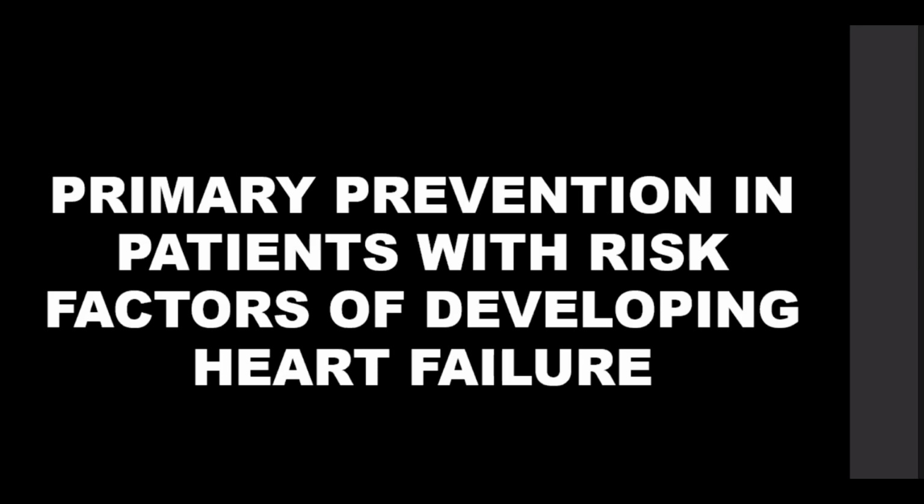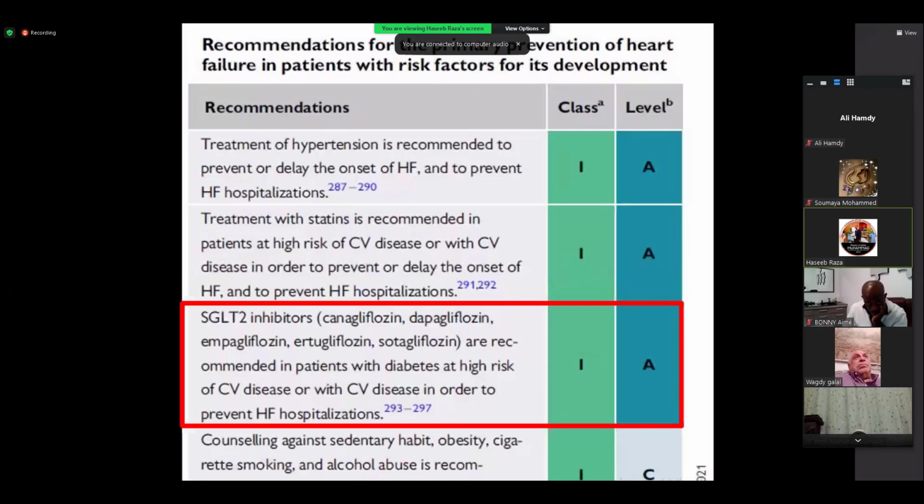Now, what about primary prevention? We know we have patients who have heart failure. What about the patient at high risk of cardiovascular disease? If you have a patient who has diabetes and you assess the cardiovascular risk and he comes out to be at high risk, you can safely use it. In fact, this is not even about safety. This is class 1. This is a priority.